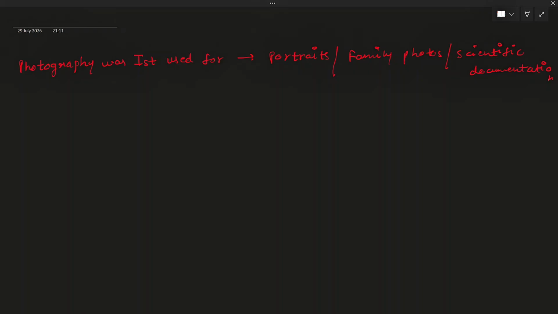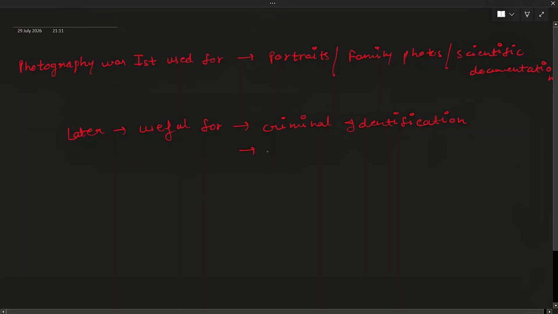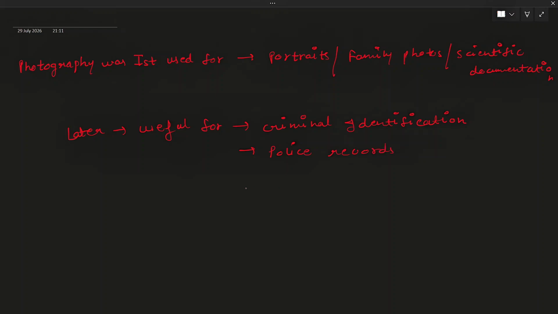Later it became useful for criminal identification, police records.